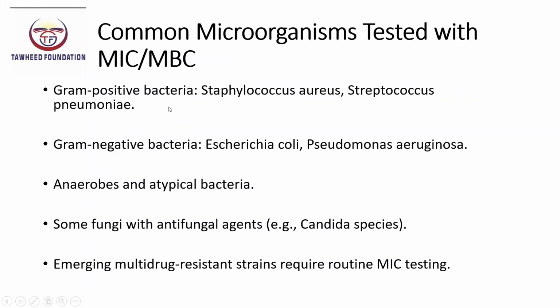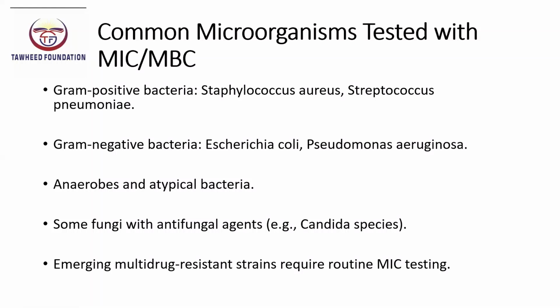Common microorganisms tested with MIC and MBC. Typical pathogens tested include gram-positive bacteria like Staphylococcus aureus and Streptococcus species, and gram-negative ones like Escherichia coli and Pseudomonas aeruginosa. Testing also extends to anaerobes and fungi such as Candida species.